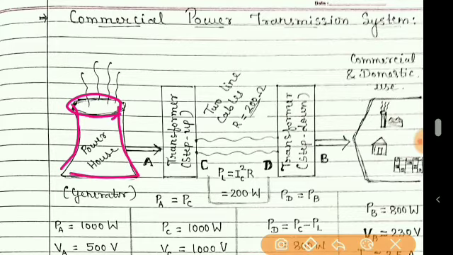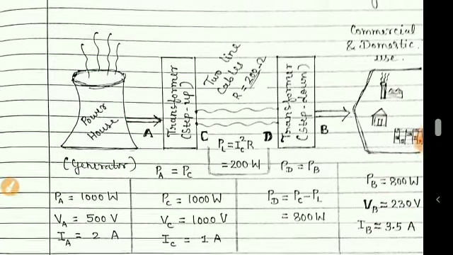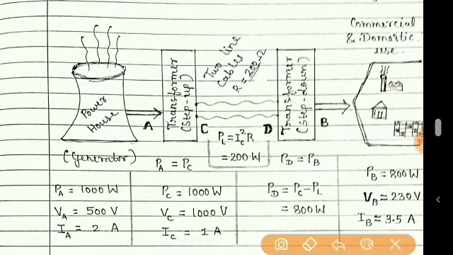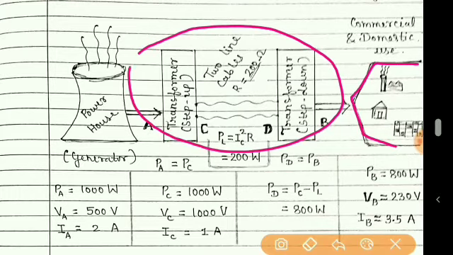Whatever electric power is generated here, before reaching the houses or the schools or the factories, it has to go through these processes. And why this process is required is explained here.